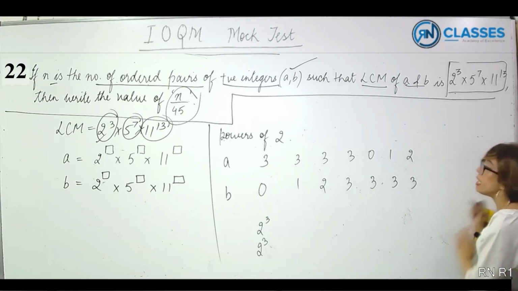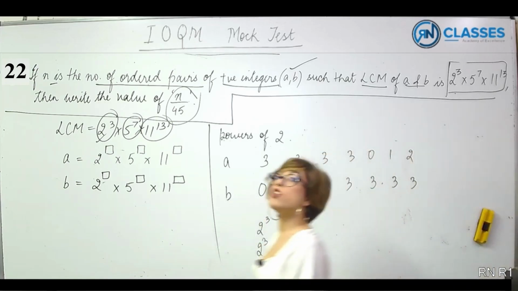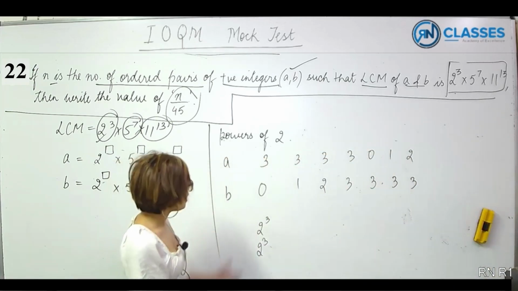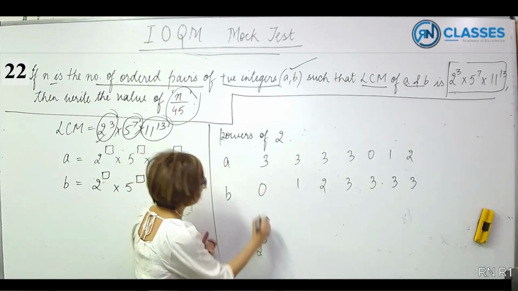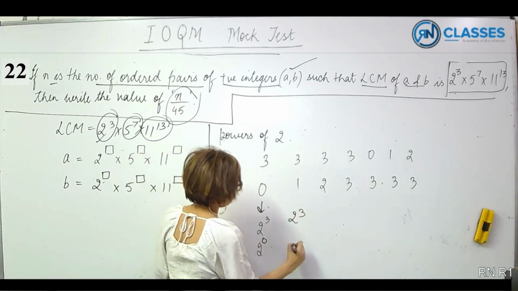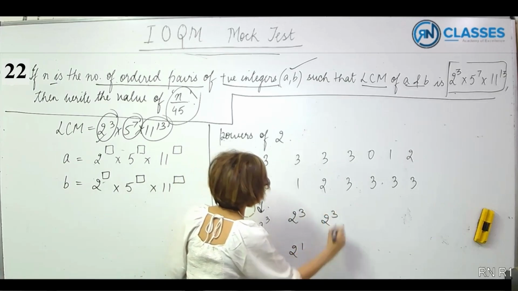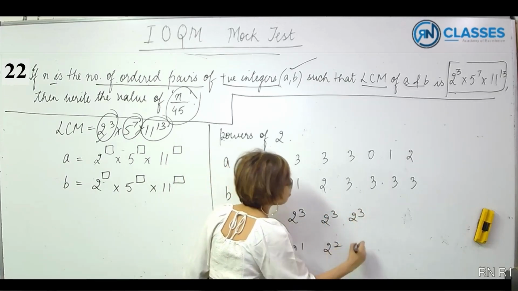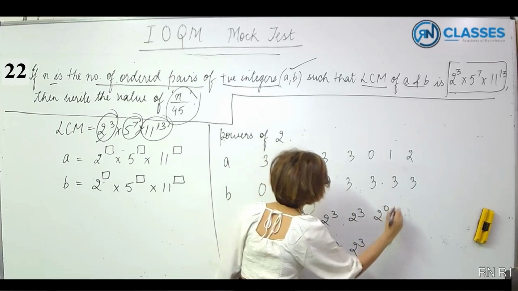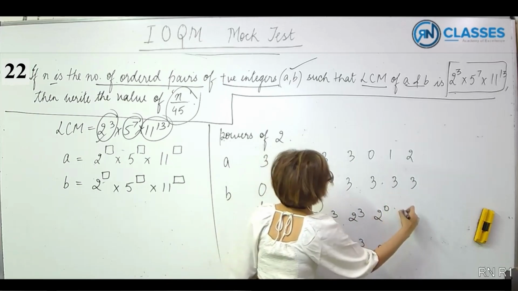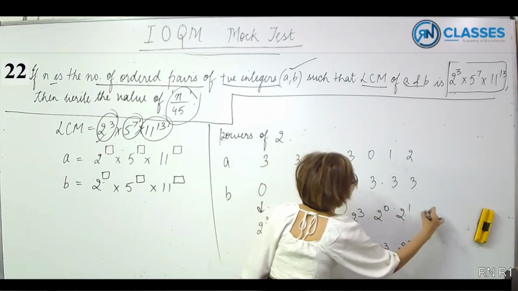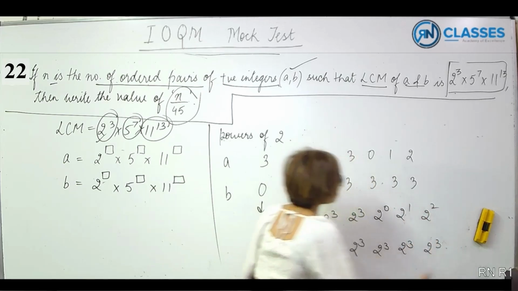Right? So these are the corresponding powers of 2 which are possible. As you can see, 2 raised power 3 with 2 raised power 0, 2 raised power 1, 2 raised power 2, 2 raised power 3, and then the reverse ones as well. Right?